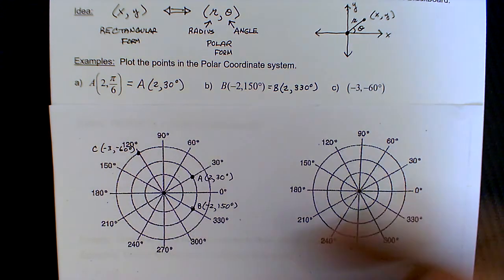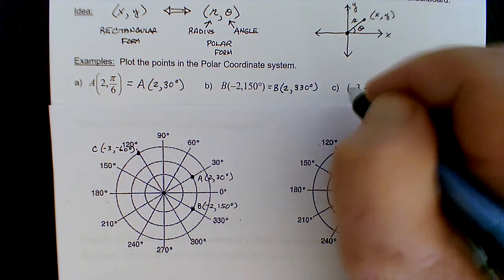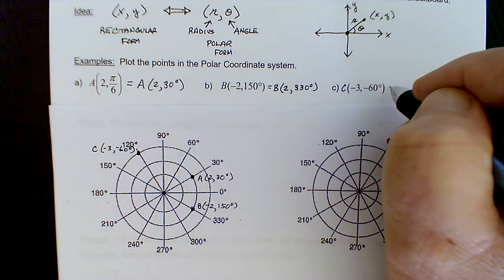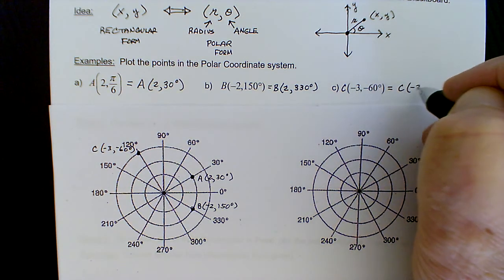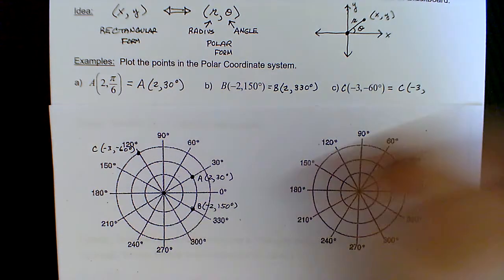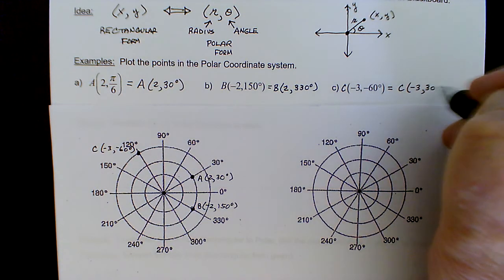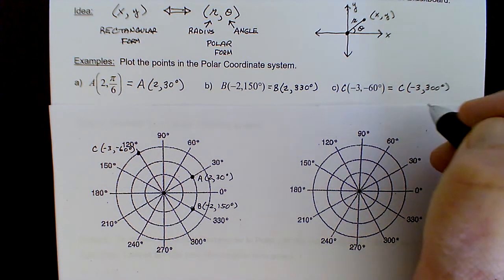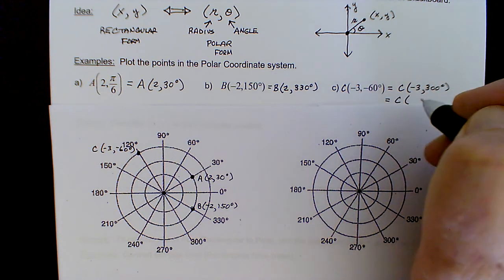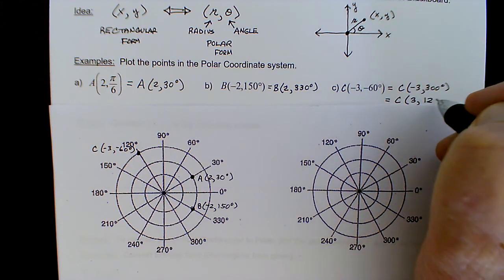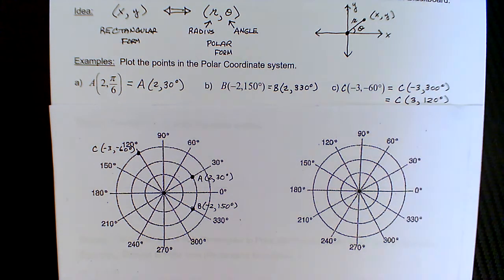So again, different representations. You could say -3 units along the 300-degree radial line, or if you wanted both angle and radius positive, you could say +3 units along the 120-degree radial line.